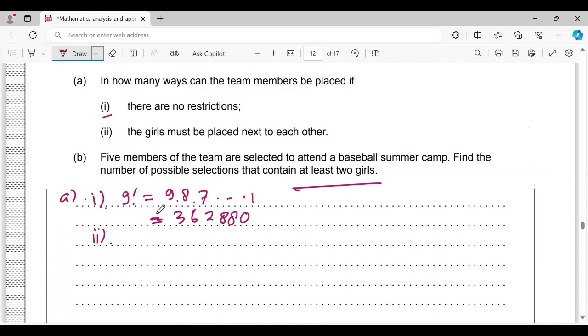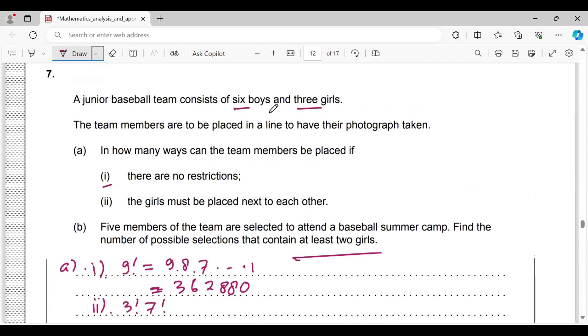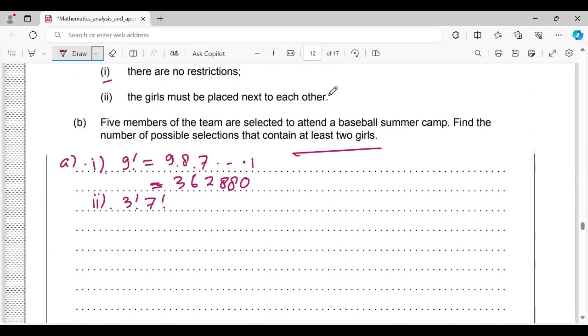Part two, the girls must be placed next to each other. So it means 3 factorial times 7 factorial, based on the information that there are 3 girls.